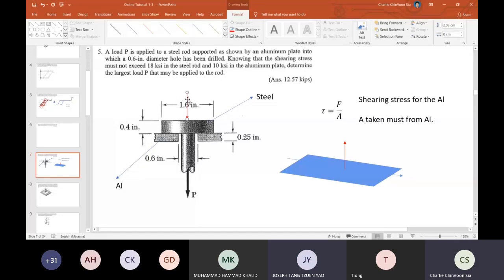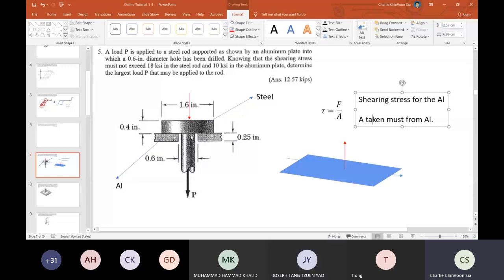Yes. So therefore, the area that you need to consider is a vertical area, isn't it? So for vertical area, now we need to calculate the shearing stress for the aluminium, so the area must be somewhere here.